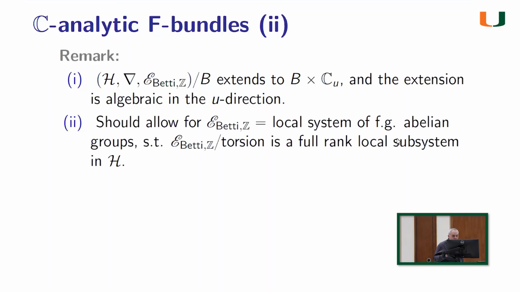One thing you would like to have, which somehow I suppress here, and I'll mention how we'll deal with it later on, is that you would like this integral structure to be a local system of finitely generated abelian groups, allowing for torsion, so that the image in H is a full lattice, but there could be some torsion.